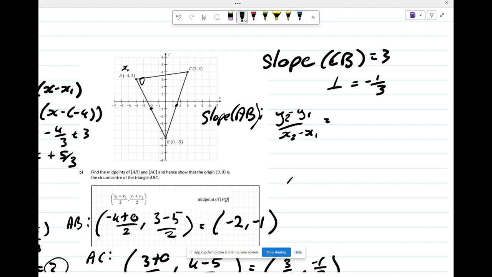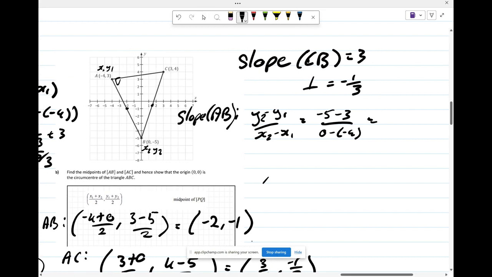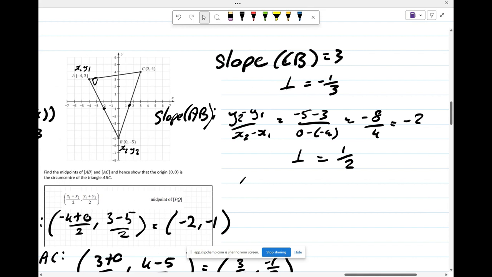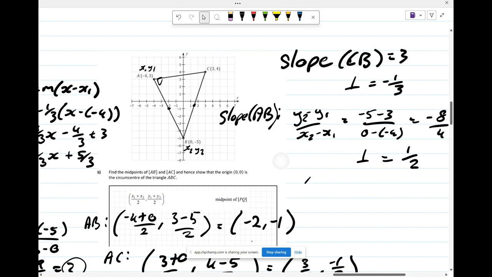If we call this x1, y1 and x2, y2, it's going to be minus 5 minus 3 all over 0 minus 4. So it's going to be minus 8 over 4. That's going to be minus 2. So the slope perpendicular is going to be a half.